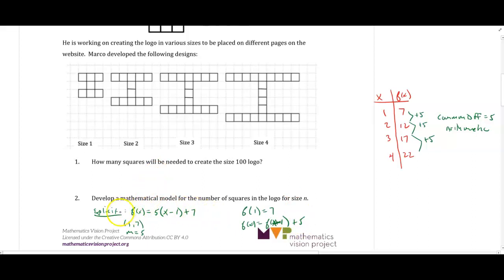So you have your explicit, you have your recursive, but it's going to be easier to use the explicit to answer number 1. So now f of 100 would be 5 times 100 minus 1 plus 7, which would end up being 502 blocks. Okay?